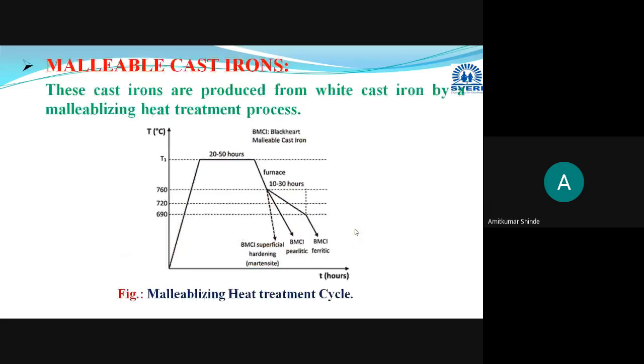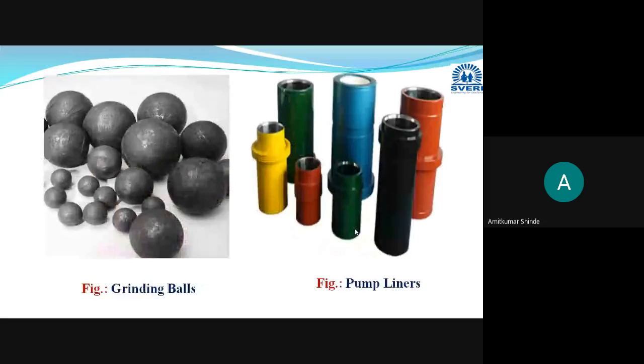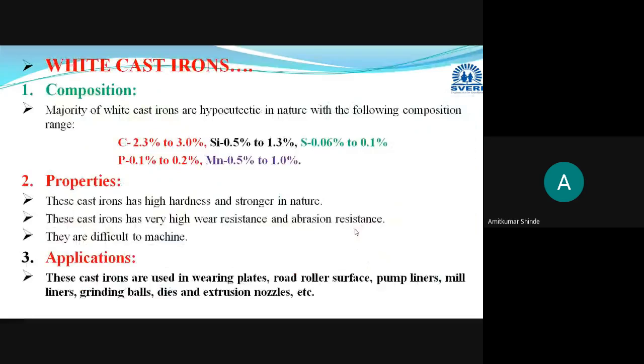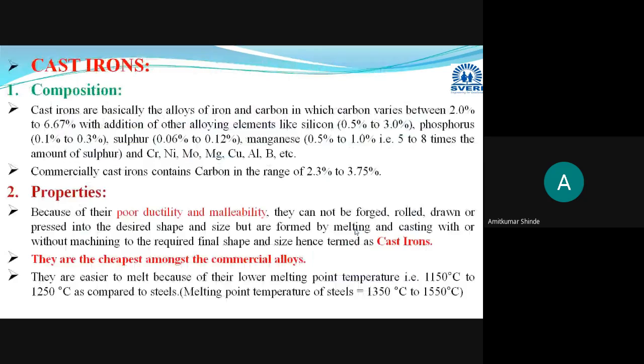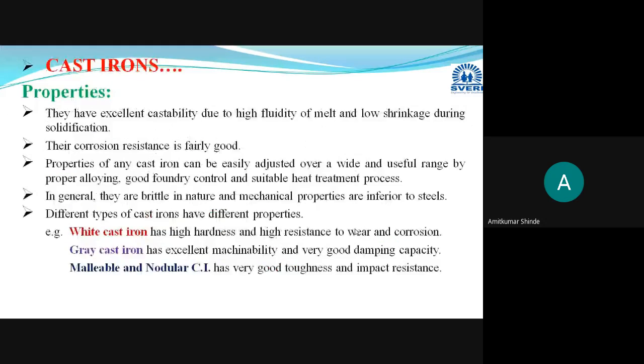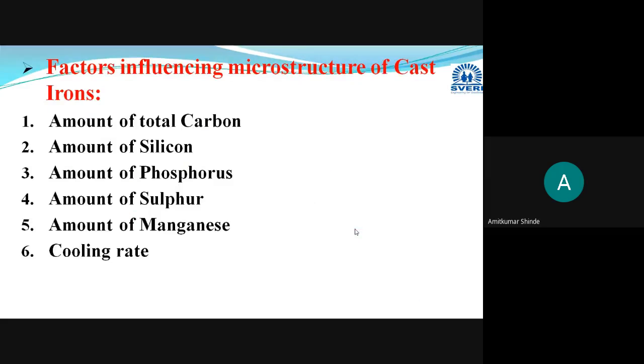Okay. Before starting the next type, we will stop here. In this lecture, we have covered the meaning of cast iron and why it is given the name cast iron. After that, we studied the composition, then the properties of cast iron, then on which basis the classification of cast iron is done, and which are the factors that affect the microstructures.